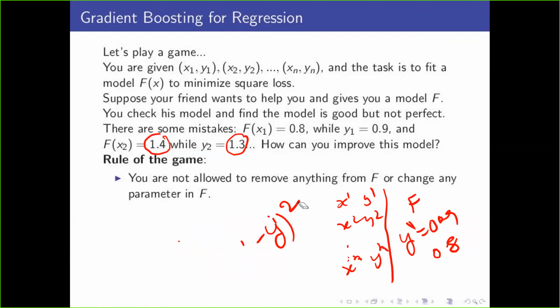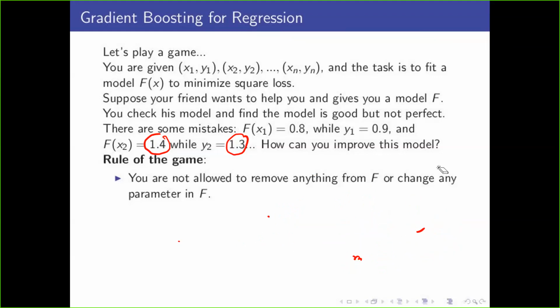By adding an error component. Adding or subtracting some component into y1 or y2, then we can attempt this. Great. So your friend's model predicts f of x1 equal to 0.8, but y1 is 0.9.